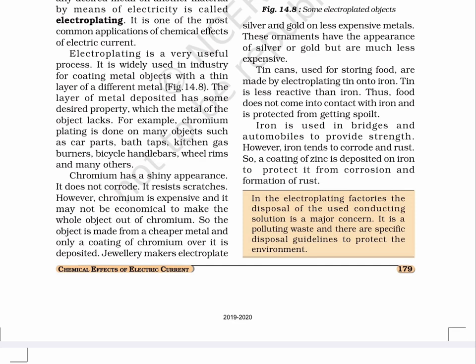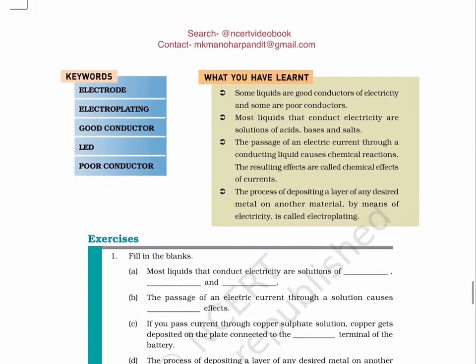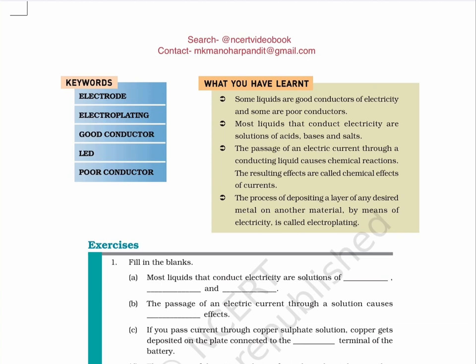Page 180. Keywords: electrode, electroplating, good conductor, LED, poor conductor. What you have learnt. Some liquids are good conductors of electricity and some are poor conductors. Most liquids that conduct electricity are solutions of acids, bases, and salts.